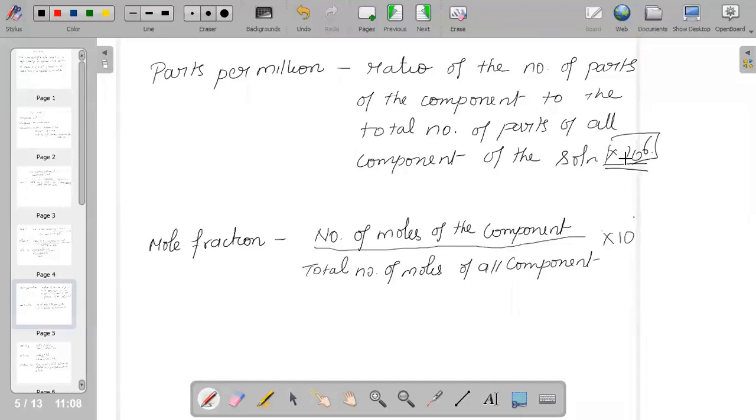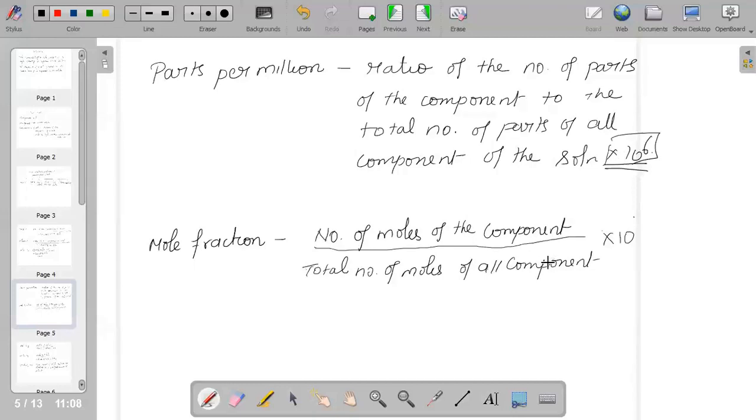And when we talk about mole fraction, what is mole fraction? Mole fraction is the ratio of the number of moles of the component in the solution to the total number of moles of all the components in the solution.